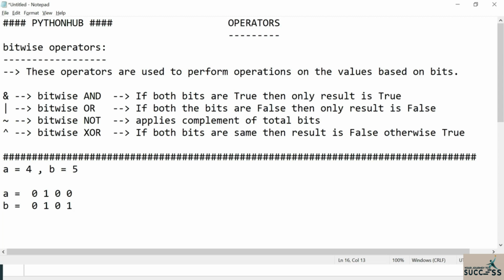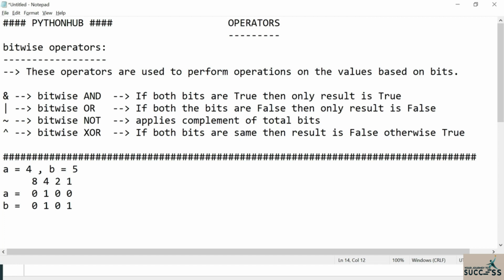Here 2 power 0 is 1, 2 power 1 is 2, 2 power 2 is 4, and 2 power 3 is 8. So it is 0 1 0 0 for a and 0 1 0 1 for b.